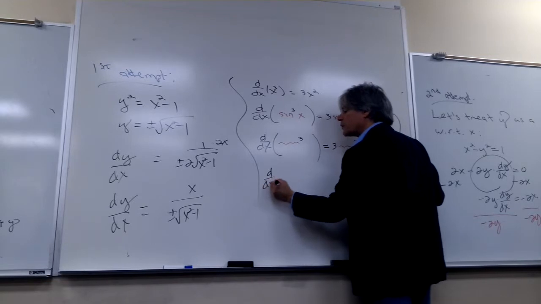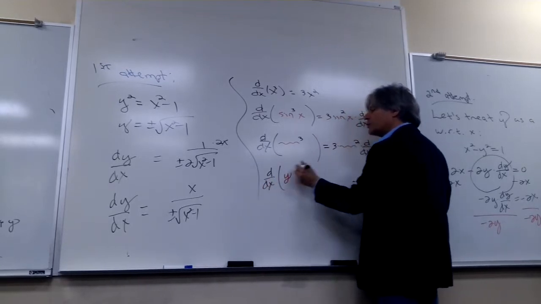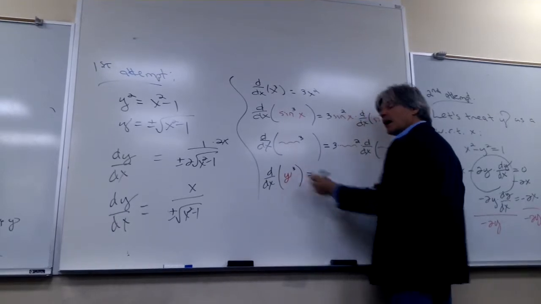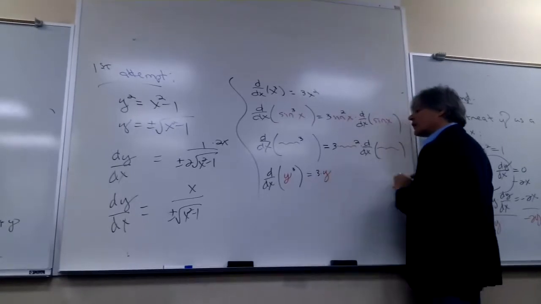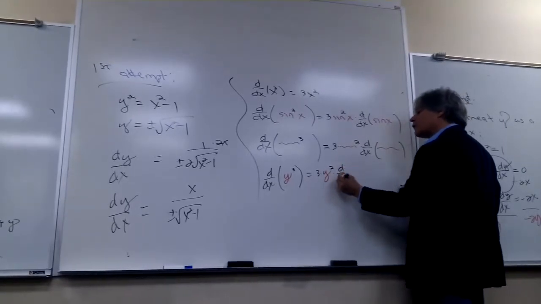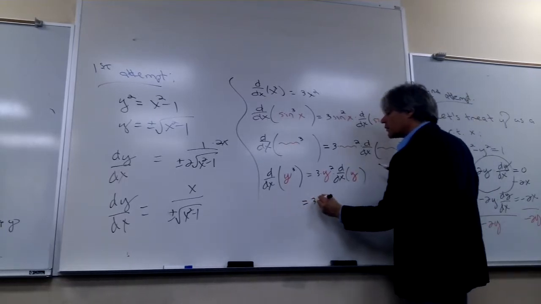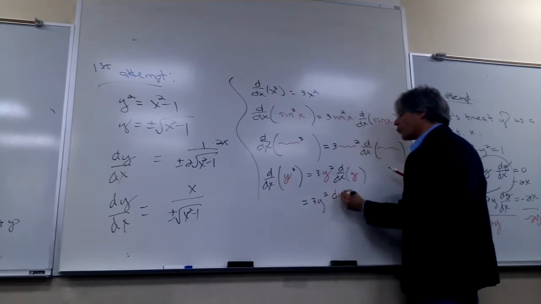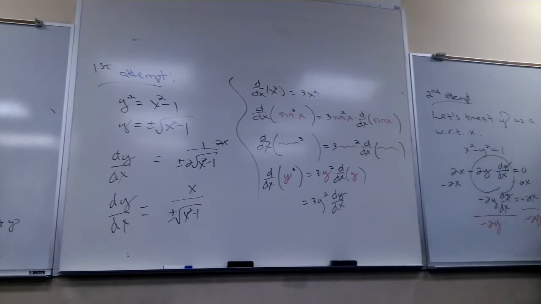If I differentiate with respect to x this squiggly line function in x cubed, wouldn't I get 3 times this squiggly line function in x raised to the second power times the derivative with respect to x of this squiggly line in red? Or shall I say, this is just 3y squared times the derivative of y with respect to x? Isn't that all I've really done over here? Do you guys see my point?